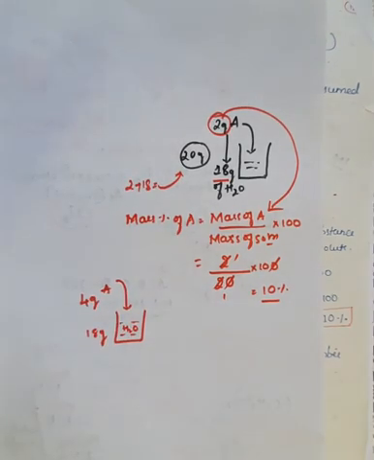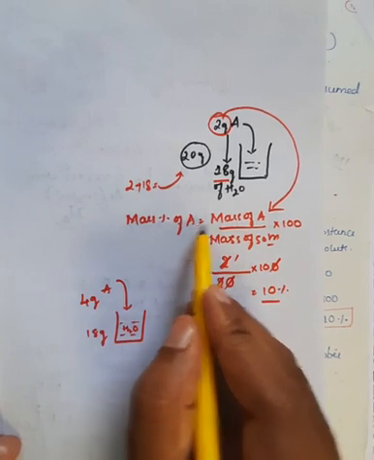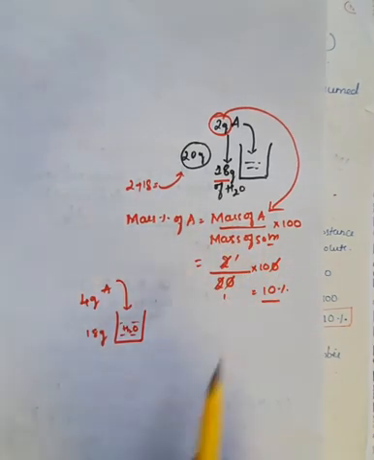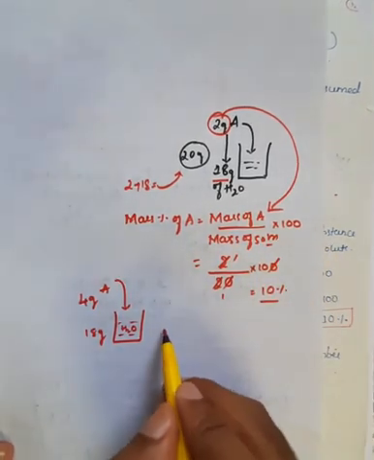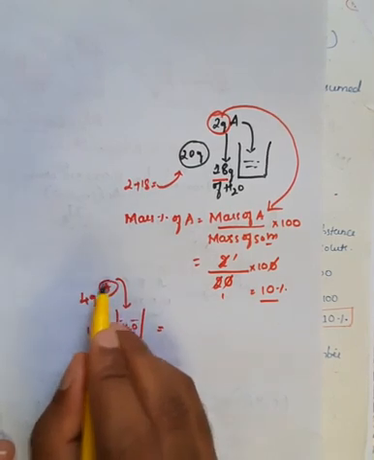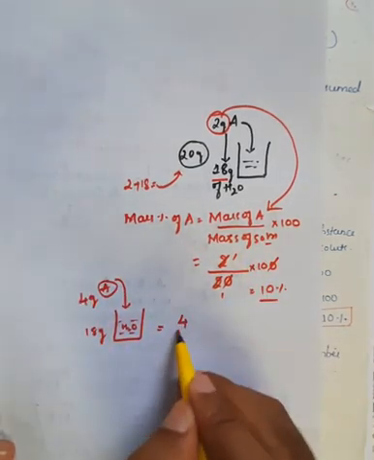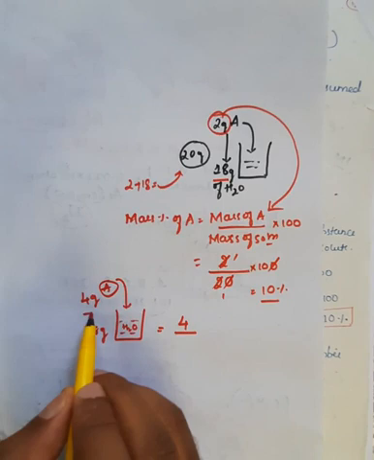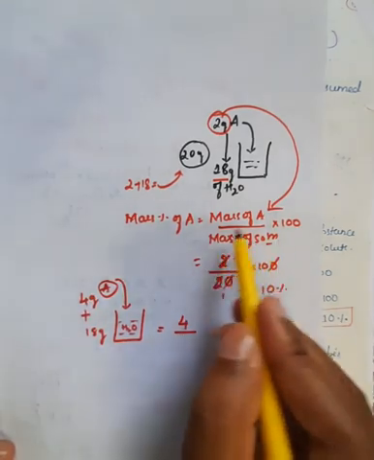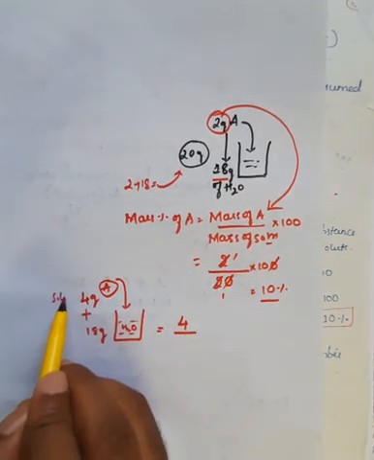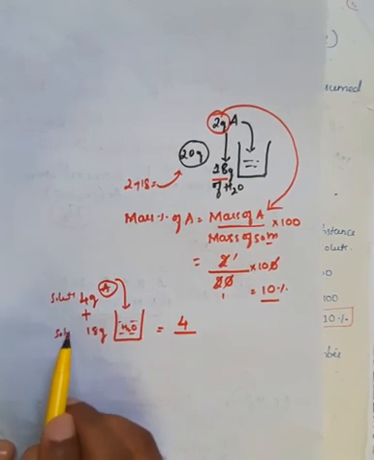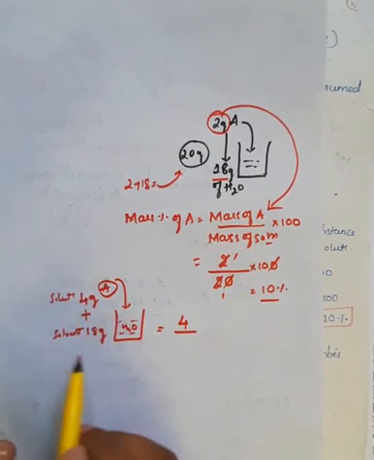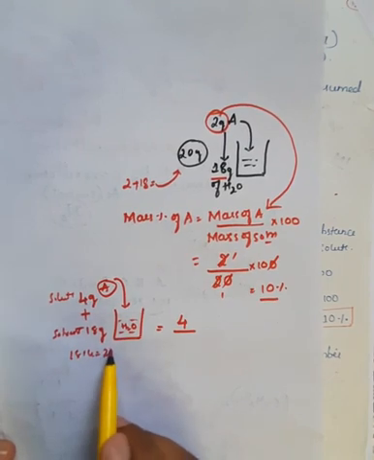Again, mass percentage of A is equal to mass of A divided by mass of solution into 100. The mass of A is 4 divided by 18 plus 4, because that is the mass of solution. Solution means solute plus solvent; whenever you add solute and solvent, it becomes a solution. So 18 plus 4 is equal to 22.